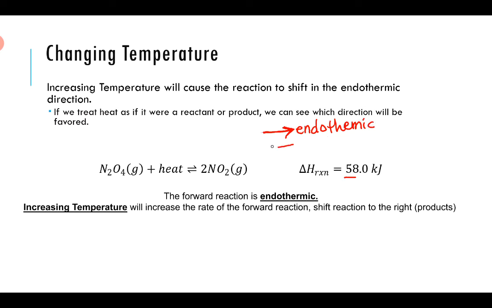And that means for the backwards reaction, delta H reaction equals a positive value. That means my backwards reaction must be exothermic. So if this is positive, that direction is endothermic.